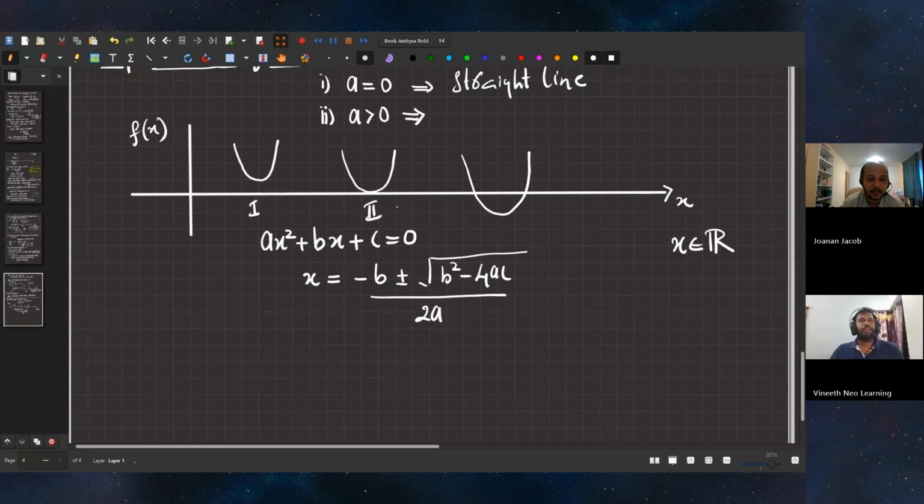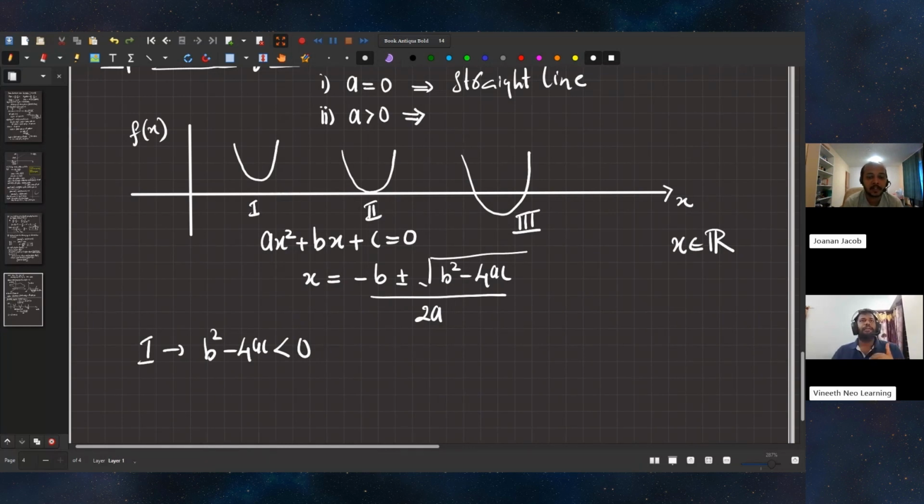Case 1 is b squared minus 4ac less than 0, so the discriminant becomes negative, and for no real x will the function touch the x-axis, or f of x become 0.